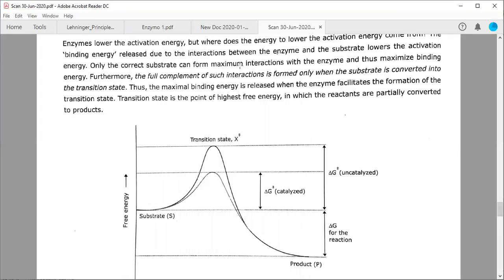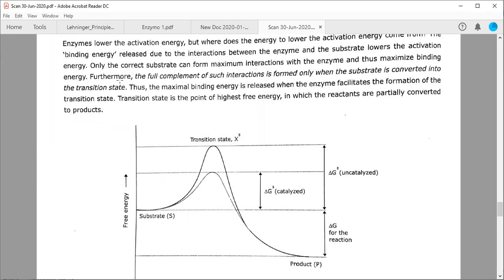Only the correct substrate can form the maximum interactions with the enzyme. It is always about who is going to make the maximum interactions. The substrate which is able to make the maximum non-covalent bonds with the enzyme will be the specific one, that particular substrate which is acted upon by the enzyme.